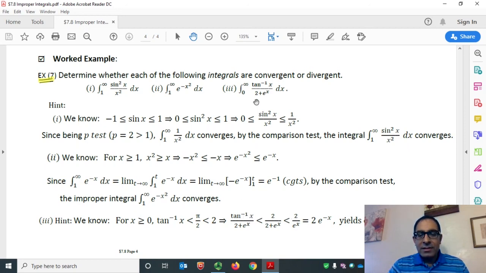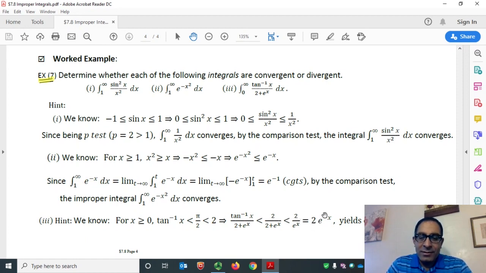Then this left side is the given integral here, right? So let's take the integrals from 0 to infinity. Then the right side integral is the convergent integral that we discussed in the second part. So the bigger integral is convergent.